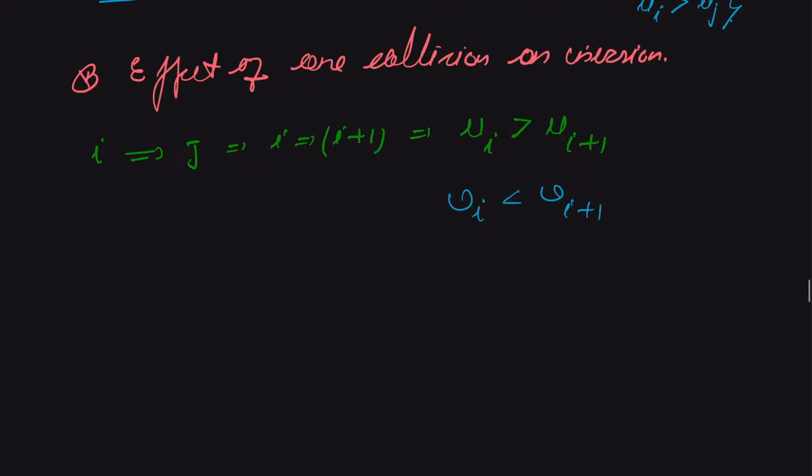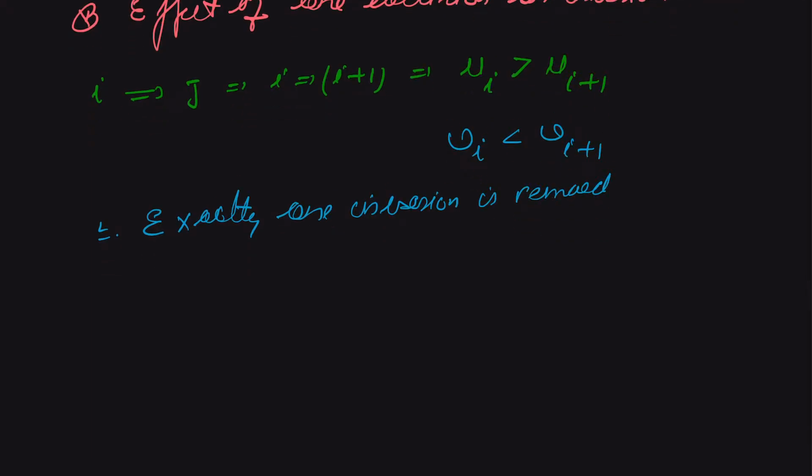From here we can derive the conclusion that exactly one inversion is removed, and within this specific set, no new inversion can be created.